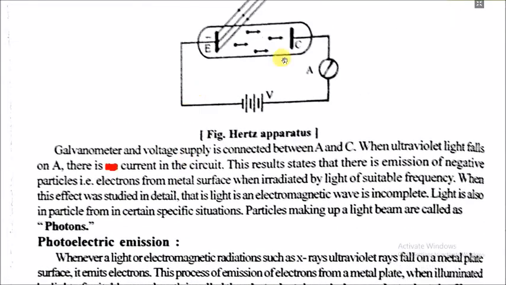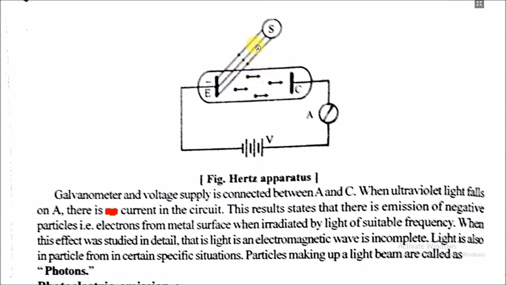Here, this electron will produce some current in this circuit, and this current is called the photoelectric current. The photoelectric current is directly proportional to the intensity of light. As intensity is more, the photoelectric current will be more. If intensity is less, the photoelectric current will be less.